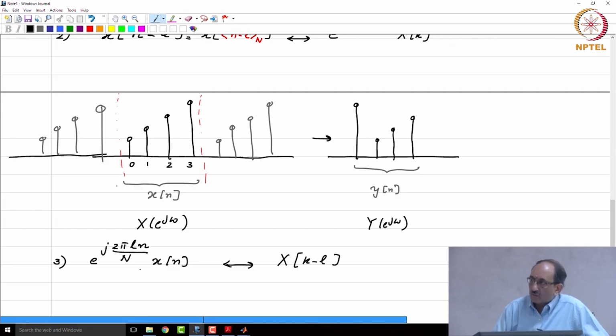So, this is the counterpart of, if you multiply by e to the j omega naught n, the DTFT will be X of omega minus omega naught. So, that is exactly similar to what is happening here. After all, you are going to sample the modulated signal's spectrum. So, this is what you will get, but again the transform is also periodic, and hence this is really k minus l mod N.